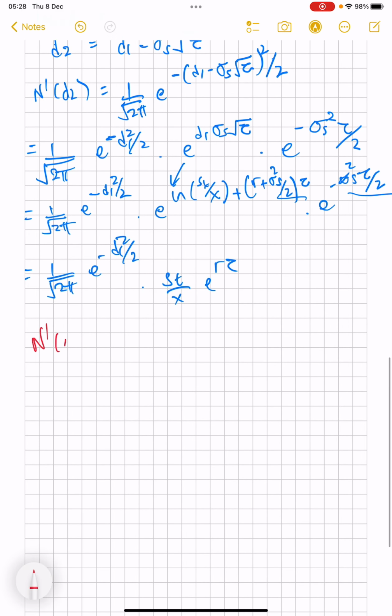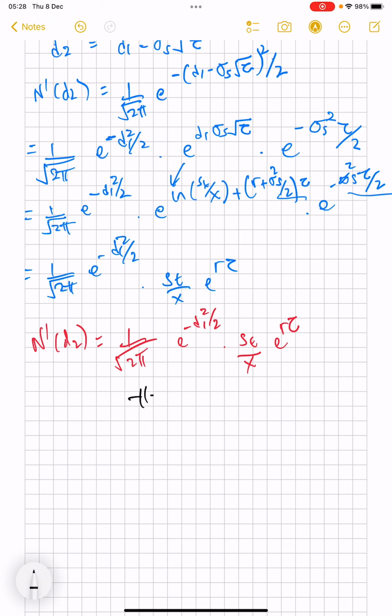So now I have the first derivative of the normally distributed d2 to be 1 upon root 2 pi exponential of minus d1 squared over 2 times ST over X times exponential of minus r tau.